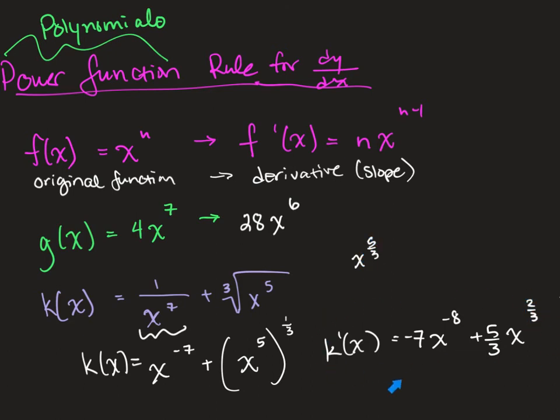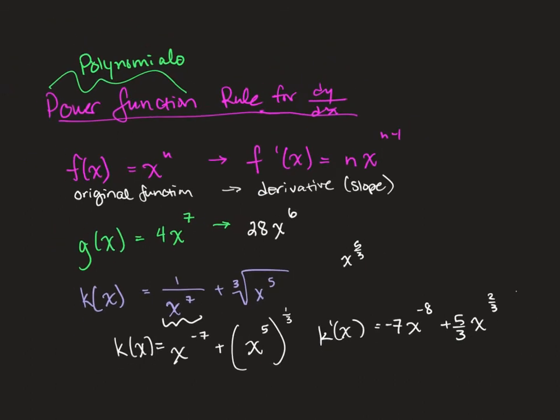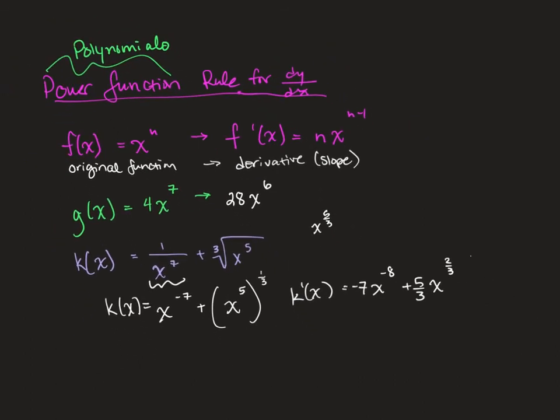If you want to rewrite this now, you absolutely can. You could say, cool, k prime of x is equal to negative 7 over x to the 8th, just getting rid of that negative exponent, plus 5/3 cube root of x squared.